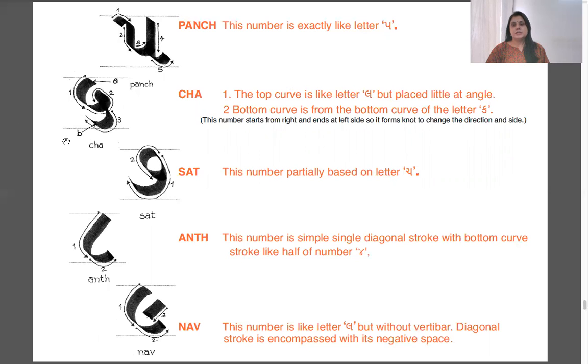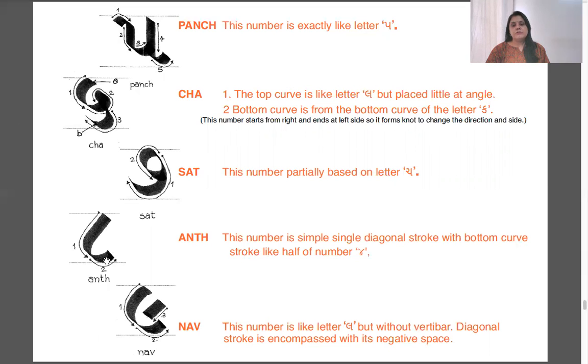We call it Chha. The top curve is like letter L, but placed at a little angle, and the bottom curve is from the letter K. This is number 7. We call it Sat. This number is partially based on letter Ch.